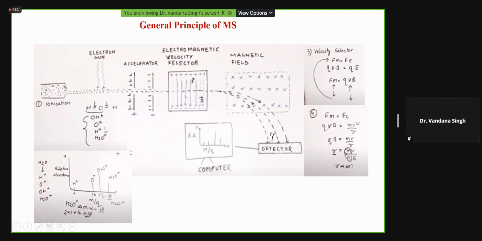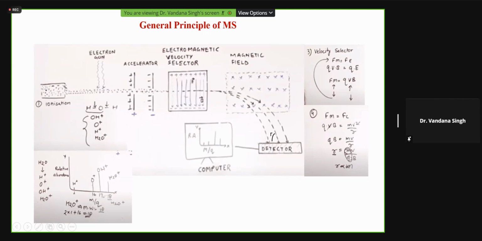Different particles will have different velocity based on their mass, and generally the charge present is a single charge, because a single electron is knocked out. It's very rare that more than one electron is knocked out. So basically the mass is the differential factor. So this accelerator will accelerate these charged molecules to give them a velocity.